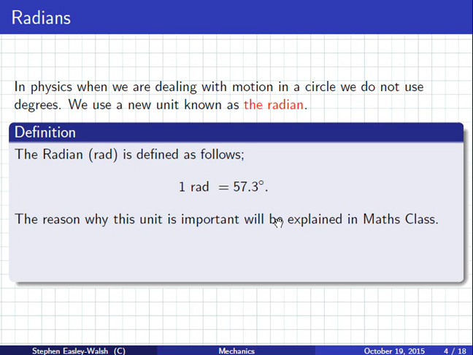Why this is important will be explained in math class. Your math teacher will explain it. And if you are wondering where the 57.3 came from, 57.3 is exactly 180 divided by pi.